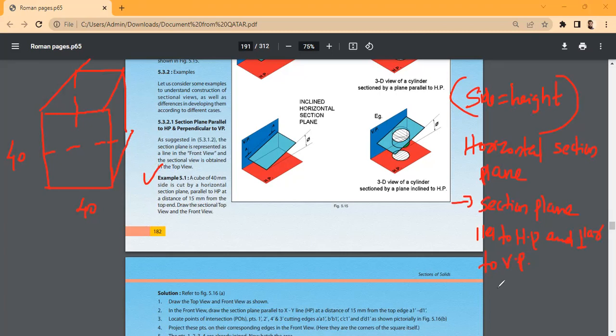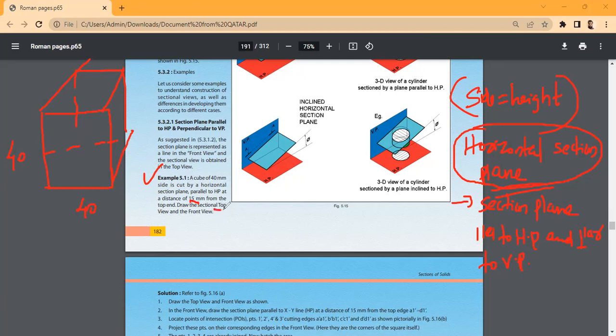That is called a horizontal section plane. This term is very important. Cut by a horizontal section plane parallel to HP at a distance of 15 mm from the top end.